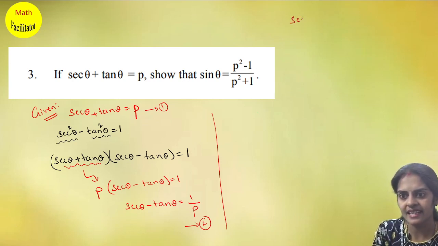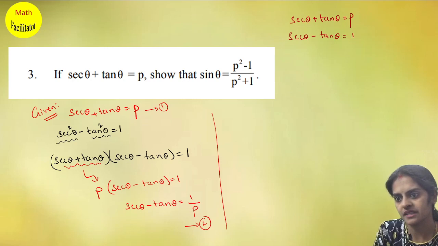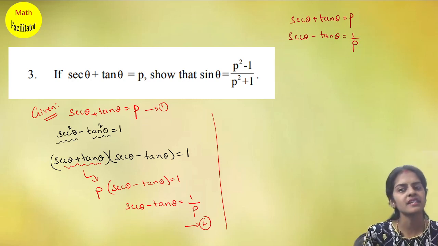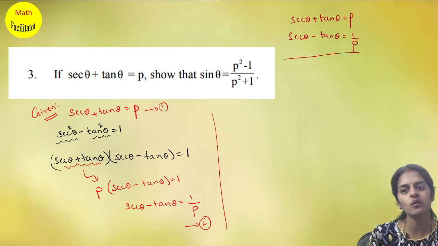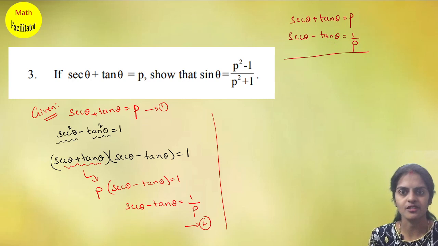Now from this I can write secant theta plus tan theta is P, and I also got secant theta minus tan theta is 1 by P. Also, there are shortcuts which you need to learn if you are applying for any entrance examination. Then I will give you separate coaching for the shortcuts, okay?